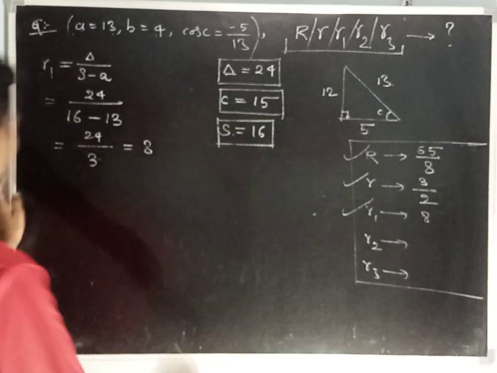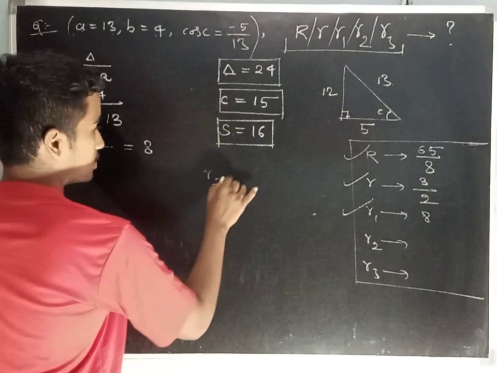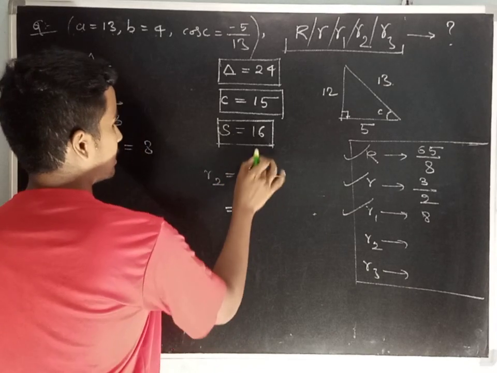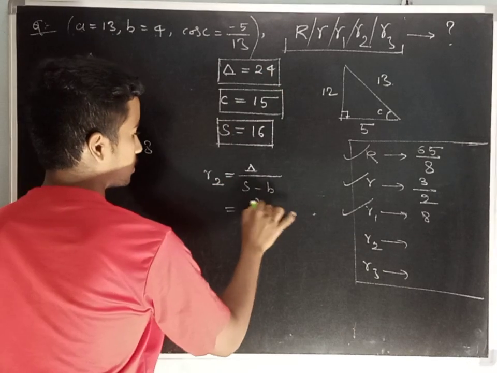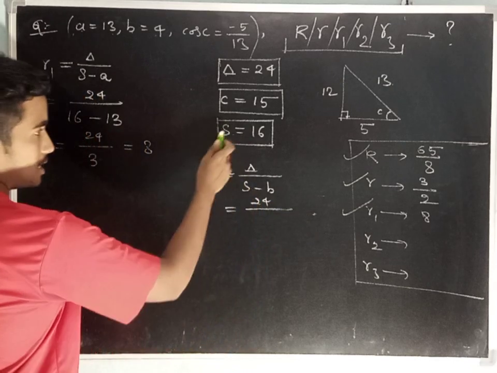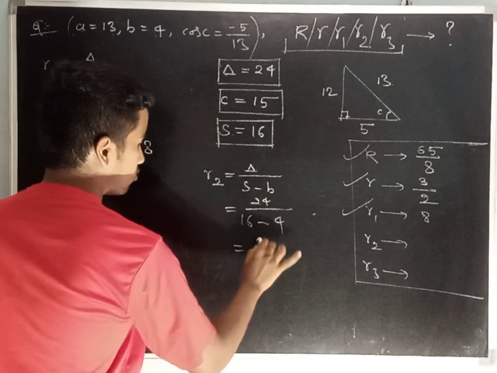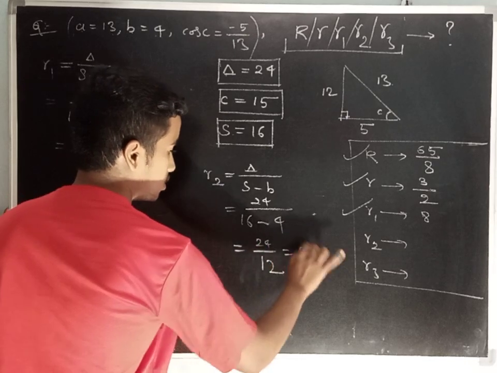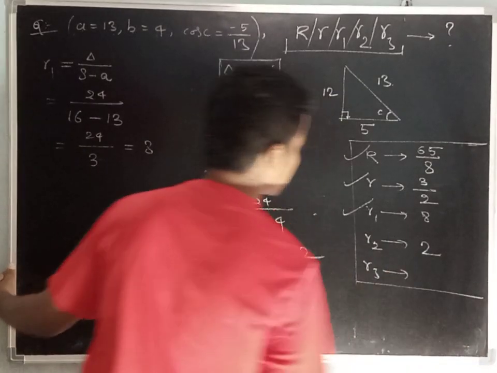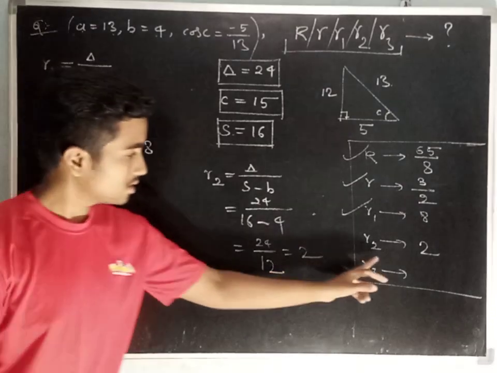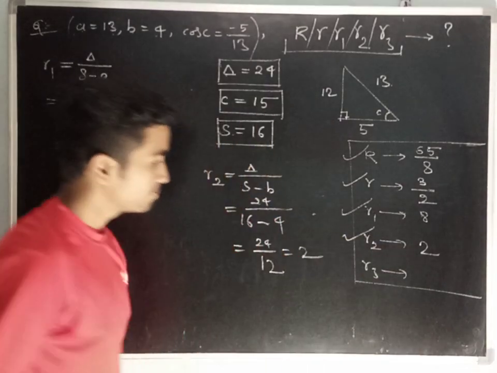Okay, similarly R2. R2 is equal to delta by s minus b. Delta is nothing but 24, by s, which is 21, minus b, where b is nothing but 14, is equal to 24 by 7. Here we got the value of R2.